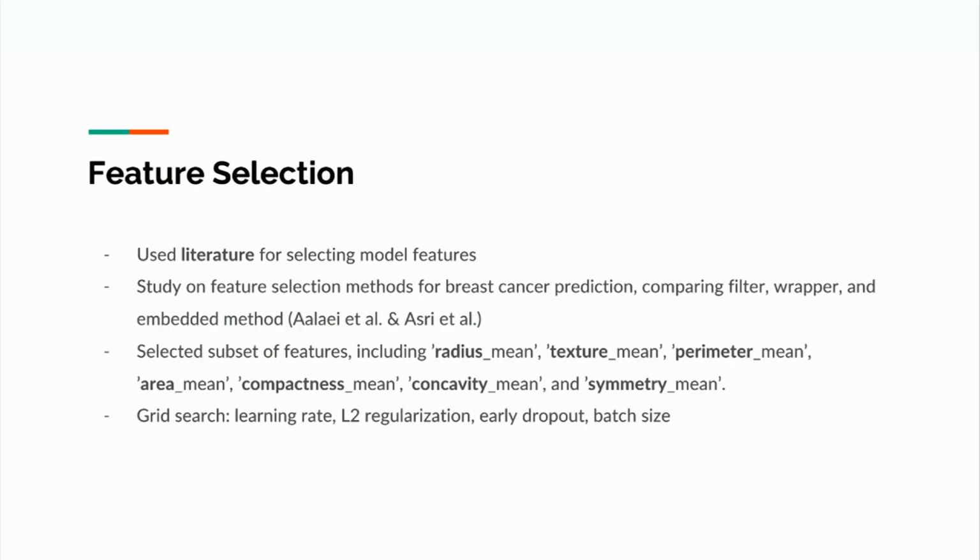As Arun mentioned, we mainly used literature-based selection for the model features. The features that we mainly focus on are about morphology, like the texture and the shape features. These include the radius, the texture, the perimeter.